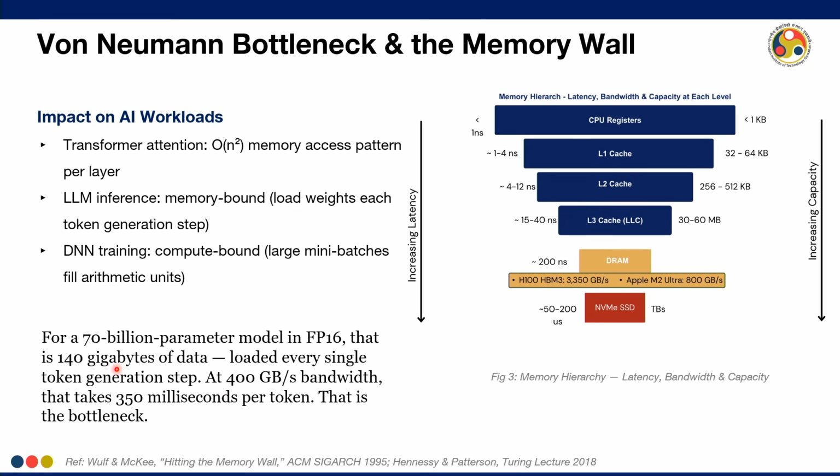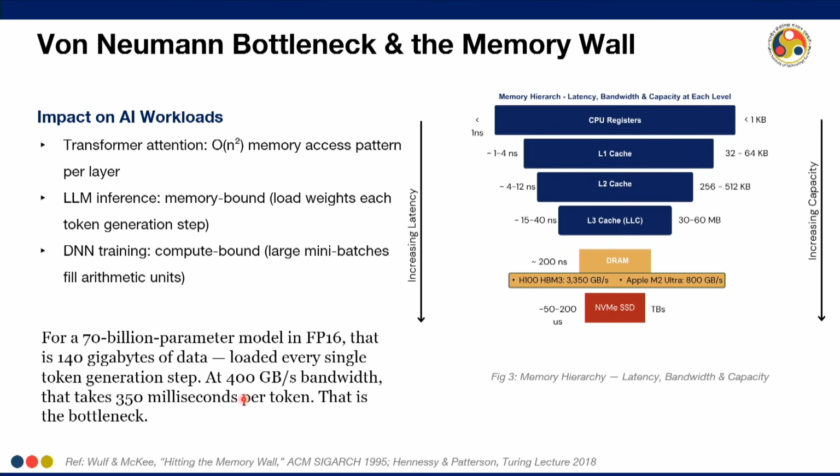So you can imagine, right? If I have a memory bandwidth of 400 gigabytes per second, that will take around 350 milliseconds per token, and that is just the memory bandwidth. Compute can be in minutes.